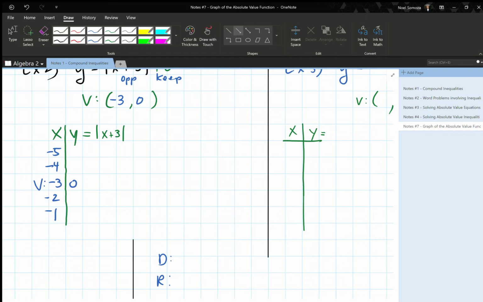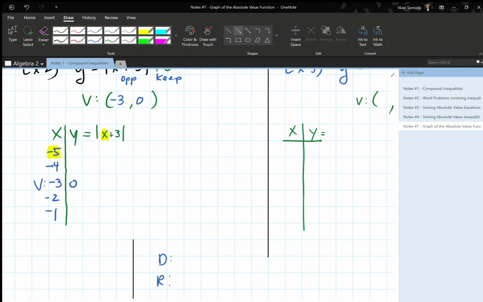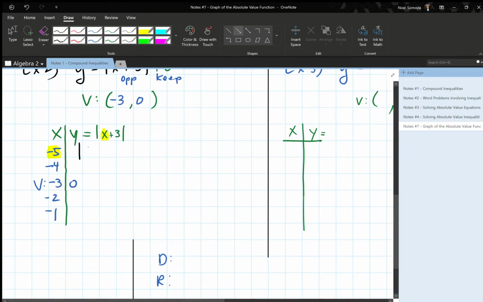Now we go in and we plug this negative 5 in for our x. Okay, so I want this value to substitute my x there. All right, so here's how this works. I take the absolute value, I plug in negative 5 plus 3. Okay, now when you have something inside the absolute value, what do you do with those numbers first?